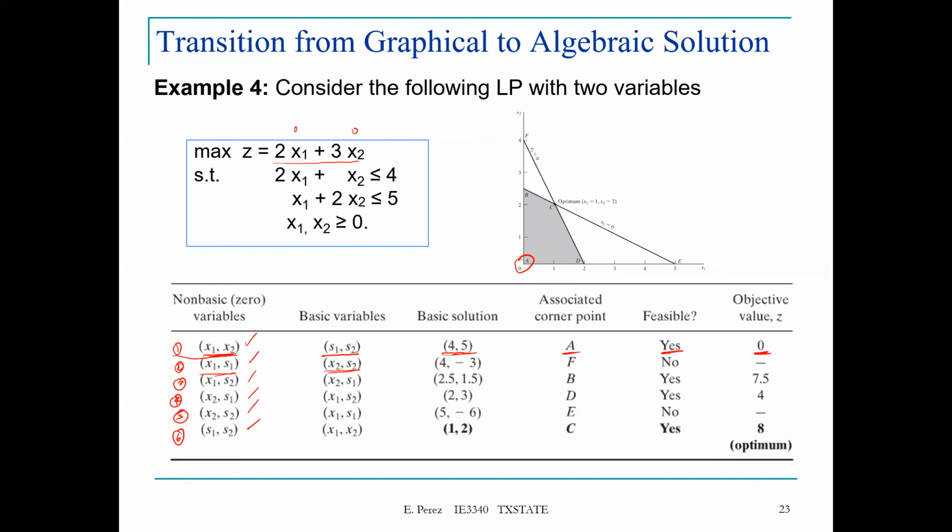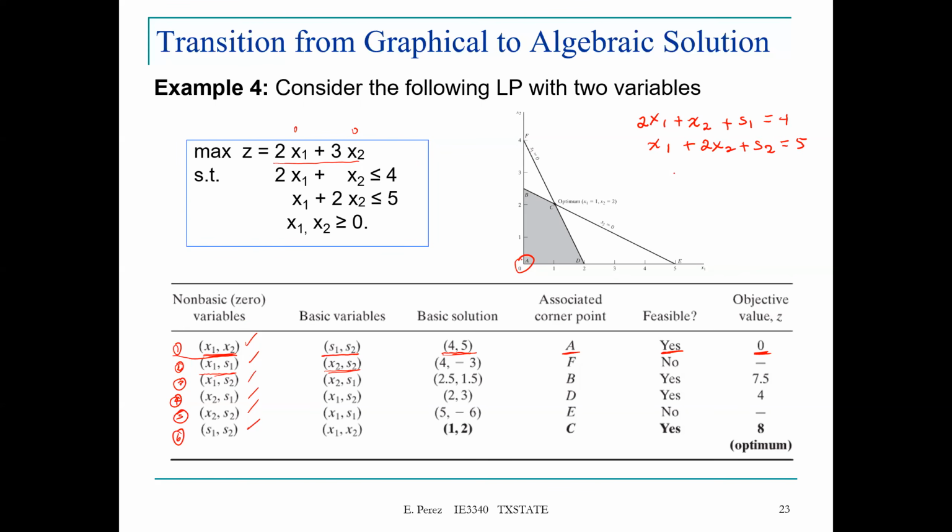So let me show you what that means. This equation is 2x1 plus x2 plus s1 equal to 4. And then we have x1 plus 2x2 plus s2 equals 5.